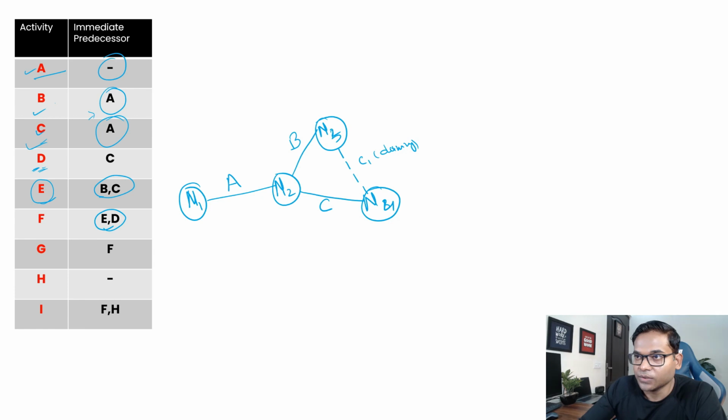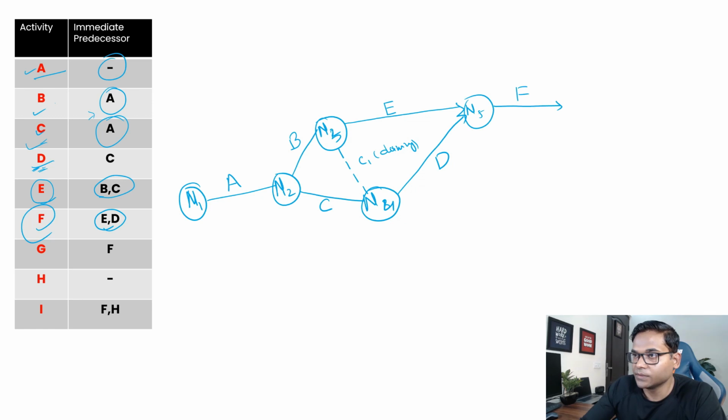So your E will be like this. Let's say this is your E. Let's draw this as node 5, and then your D is also converging here. So this is your D. Then what you will have to draw is your F. F is again starting from E and D, so you can straight away draw it.